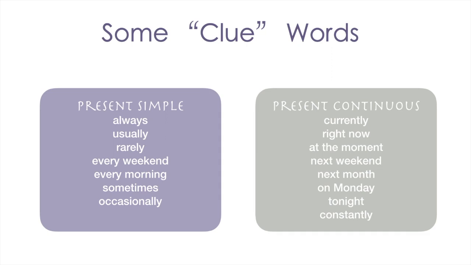These words all signal that we are talking about a habit. Now, on the right, you'll see some words that are associated with the present continuous. These are words like currently, right now, at the moment, next weekend, next month, on Monday, tonight, constantly. Most of these words have to do with something happening right now or in the near future.